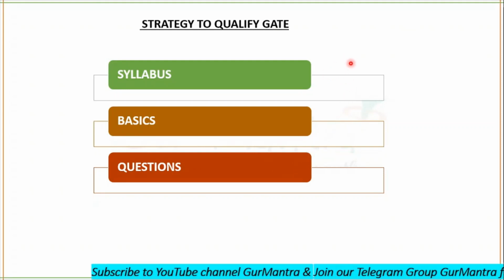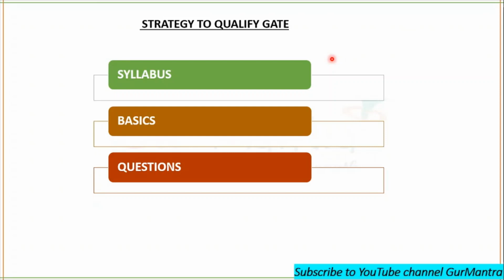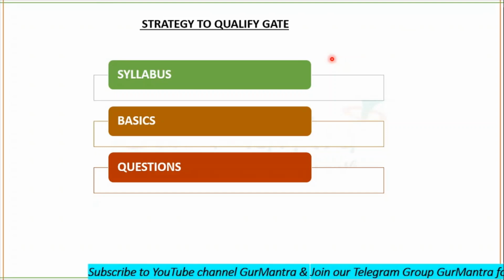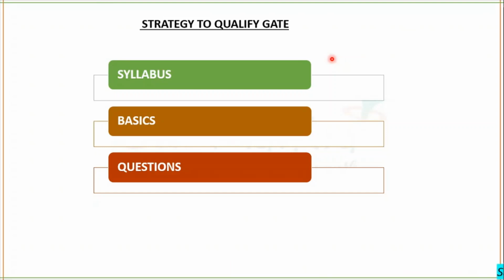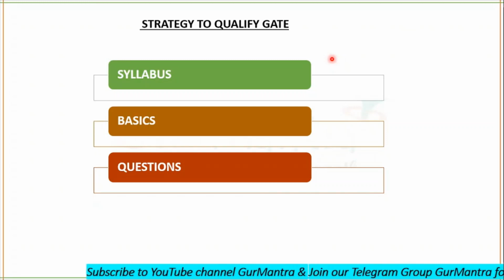These are 3 key points which you need to focus on to qualify each and every test, either GATE or CSIR NET. You really need to go through the syllabus first. Then you have to work on your basics if you are a new one. And then you have to do a lot of questions.